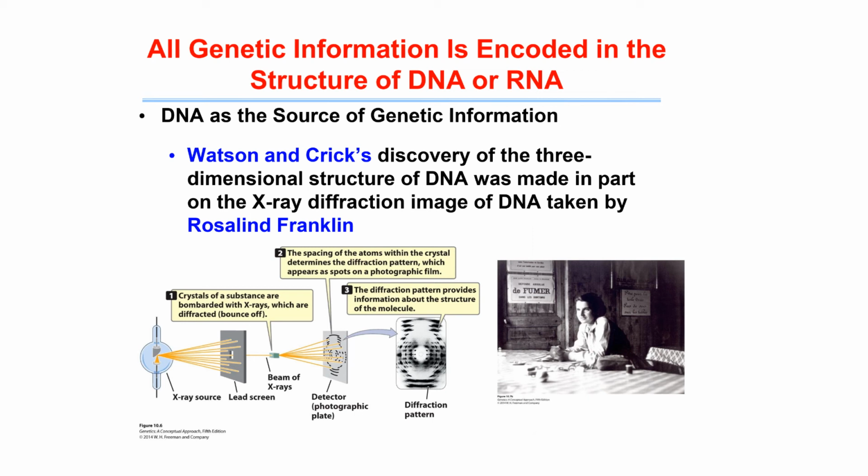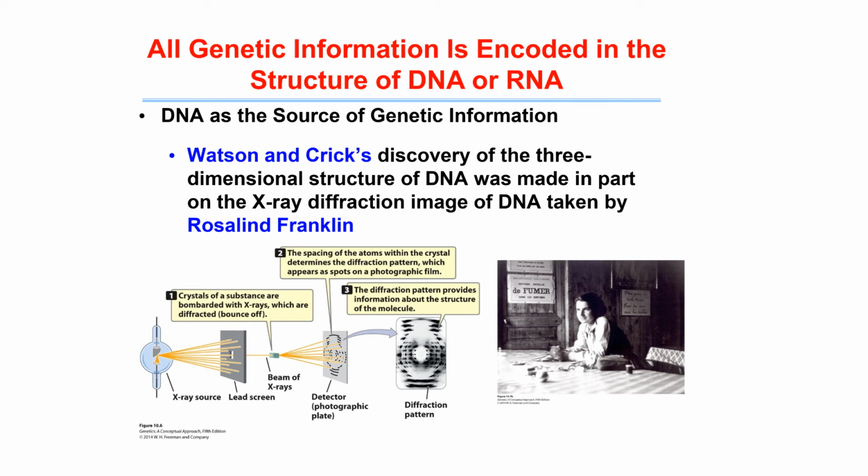Besides these discoveries, what really helped Watson and Crick to define the three-dimensional structure of DNA were studies from X-ray diffraction, and the best images were obtained by Rosalind Franklin.